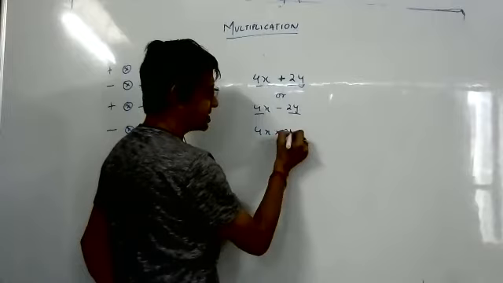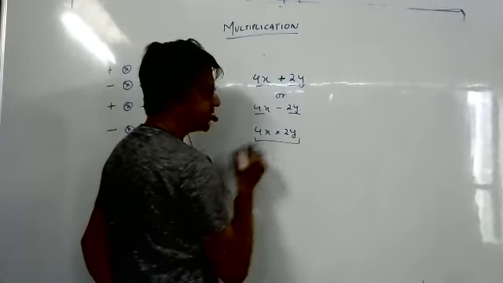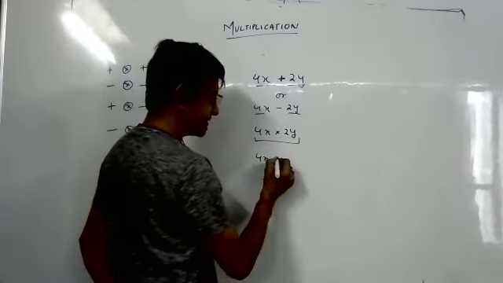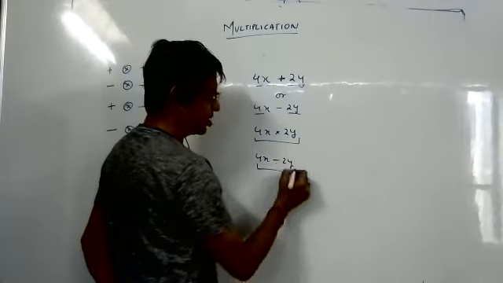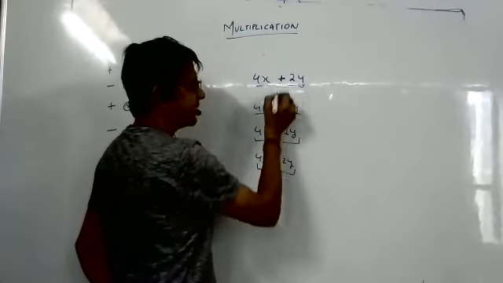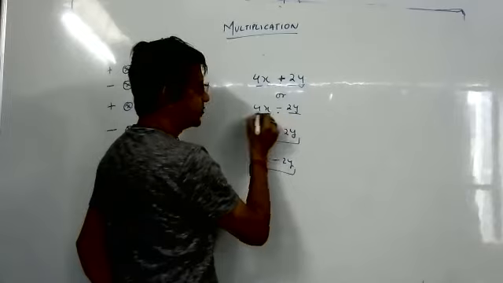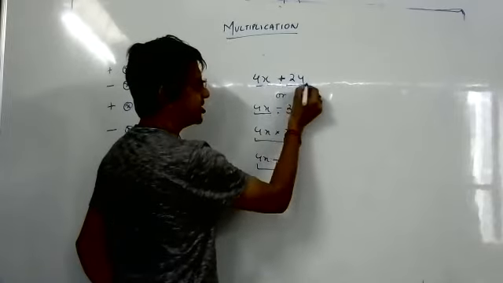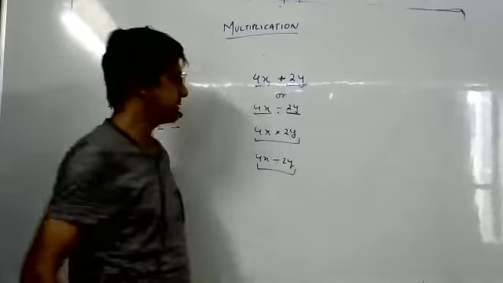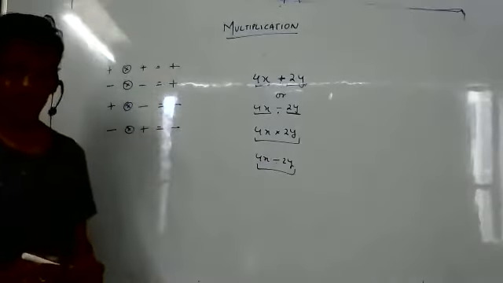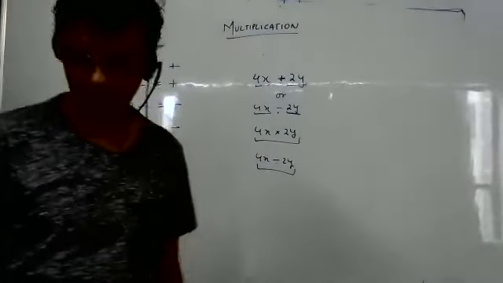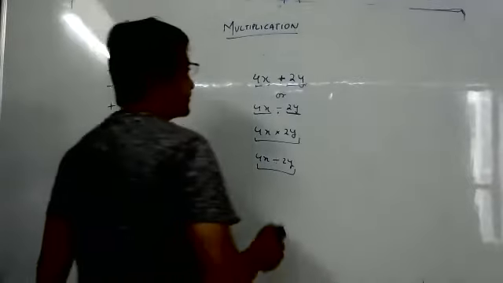If you write like this, it is known as only 1 term. But when you separate it by plus or minus, they are 2 terms. Is it clear? Yes, sir. So as of now, I taught you product of monomials.